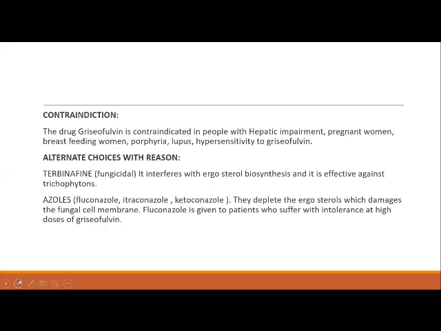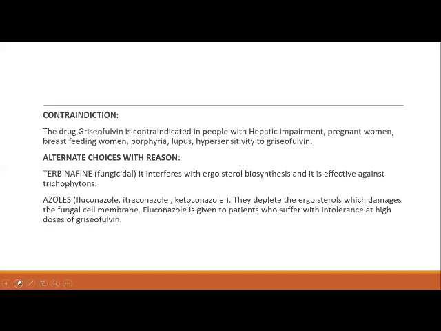Now the alternate choices with reasons. Further studies have proved that the different alternatives of Griseofulvin are more effective, safe, with higher cure rate, and fewer chances of relapses also. For example, terbinafine, it's fungicidal. It interferes with the ergosterol biosynthesis and it is effective against Trichophyton.